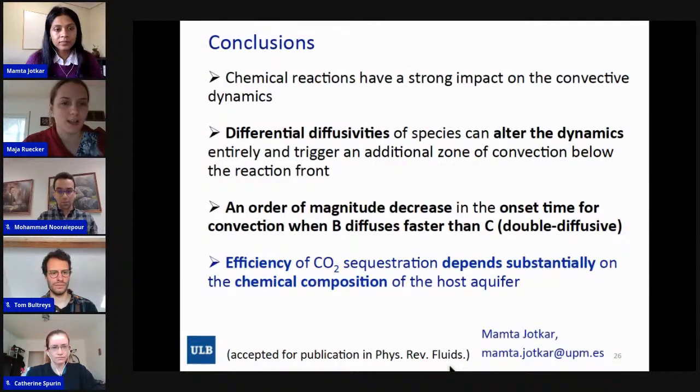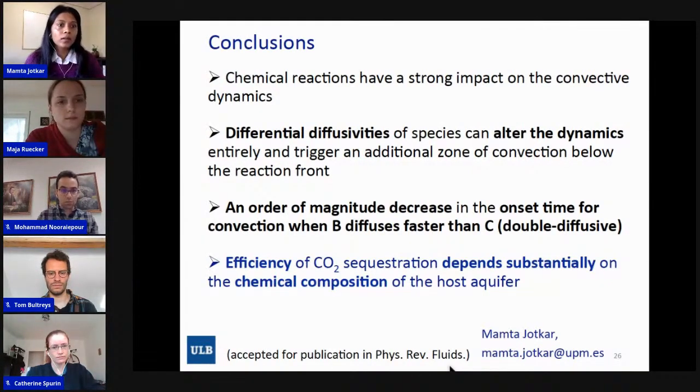In the meantime, I actually have a first question. You say that the efficiency of CO2 sequestration depends very much on the chemical composition. So which are the most favorable conditions? Yeah, for example, we have to analyze the chemical composition of an aquifer while selecting a storage site, what types of reactions we can exploit, and how we can enhance convection.